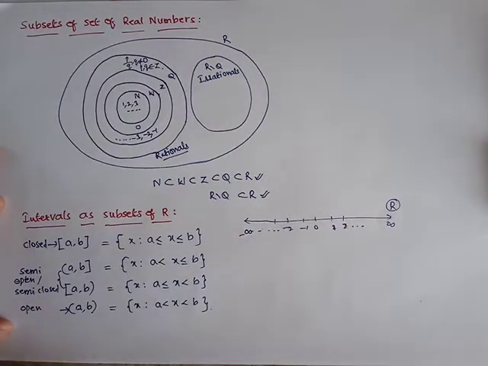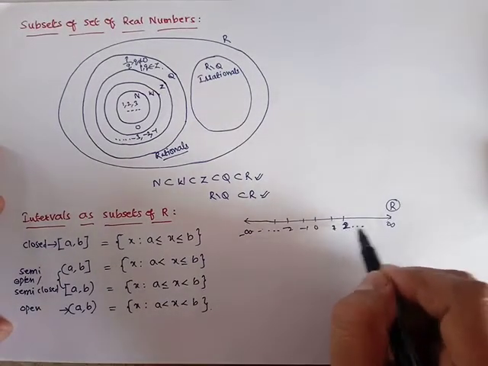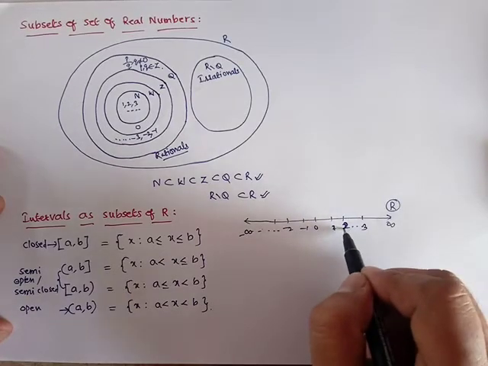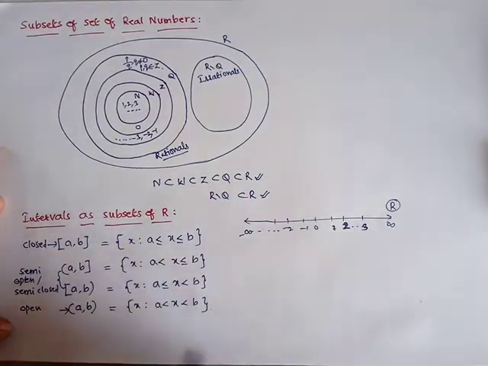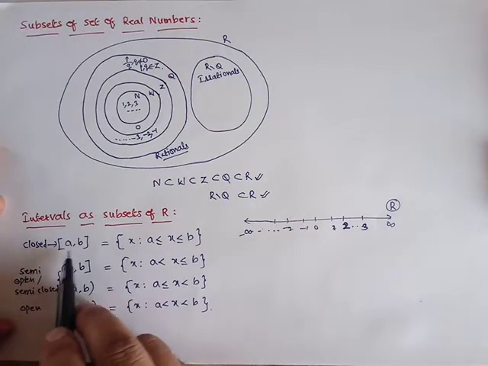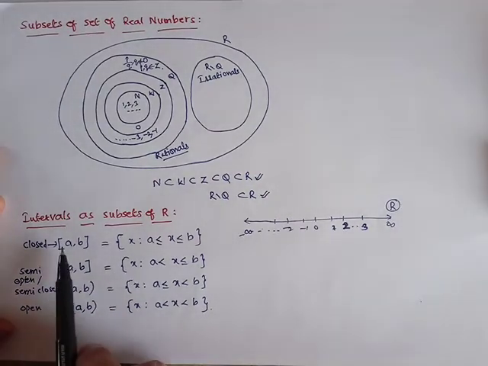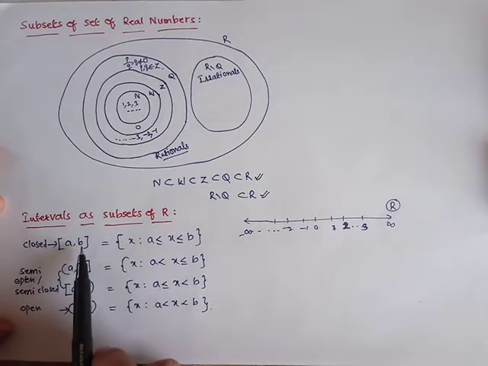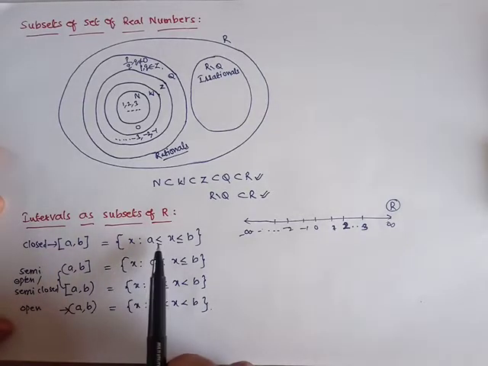And if you wanted to take some part of the real number system, it can be taken in this manner, like 2 to 3. You take a closed interval [a, b]. In a closed interval, a and b both should be included, as well as the middle numbers.